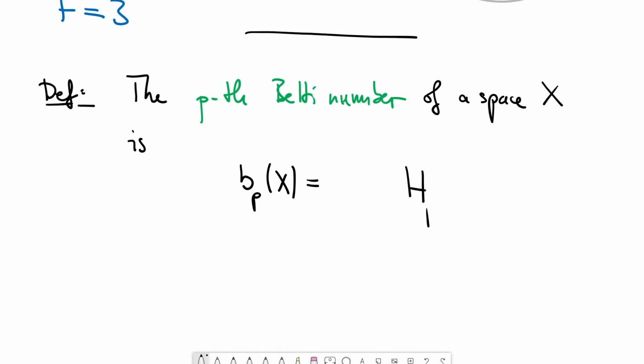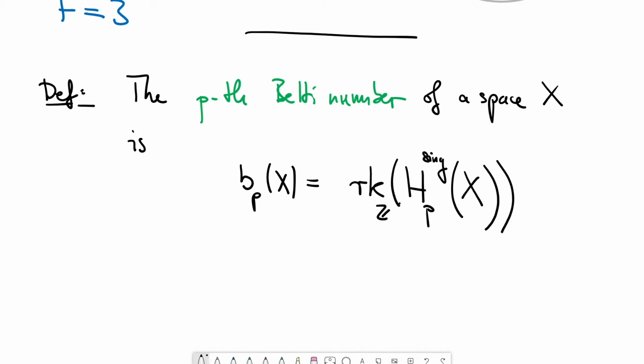We look at the singular homology group. To emphasize this, let me write it out: H_p singular of X. This is an abelian group, and we can take the rank of this abelian group. So let me write rk for the rank of this abelian group.